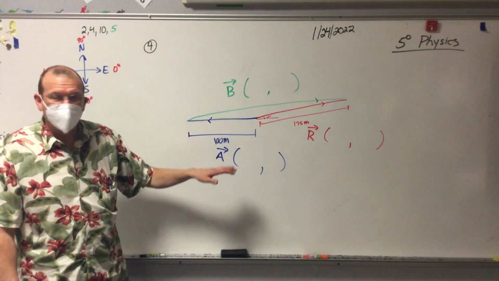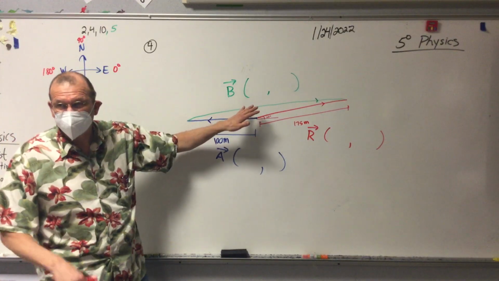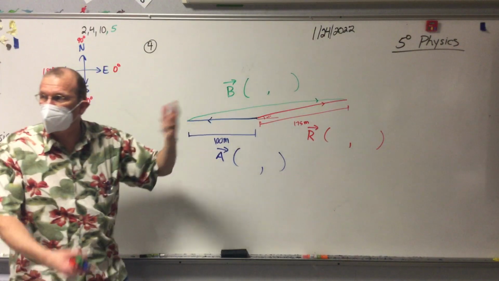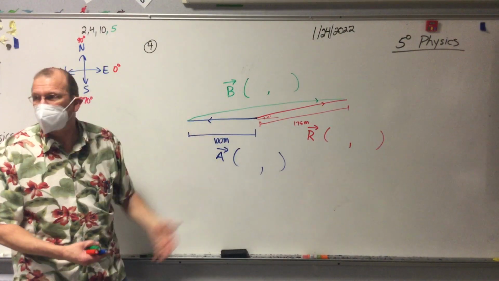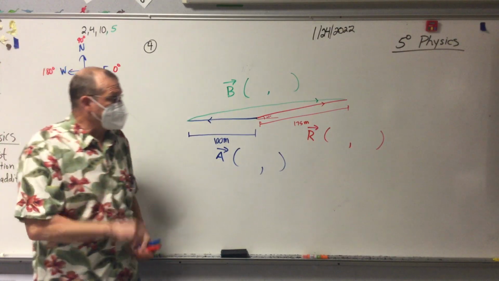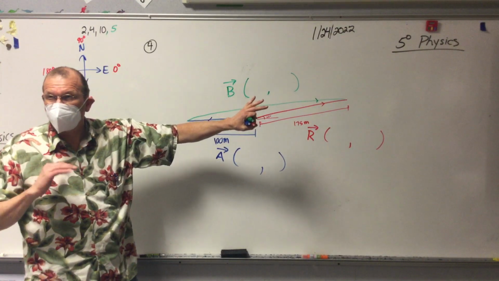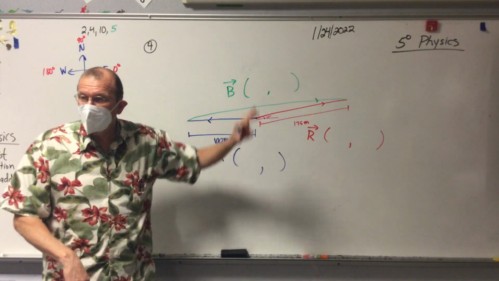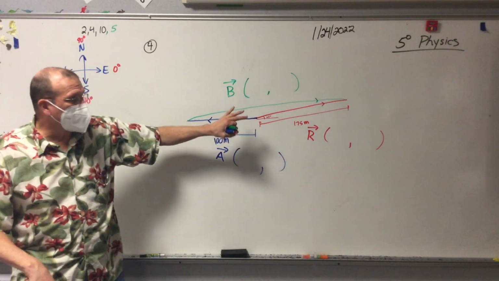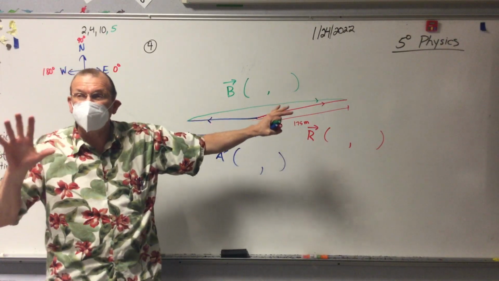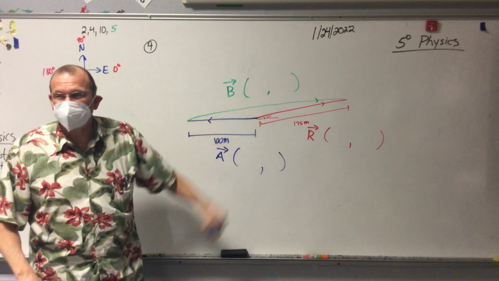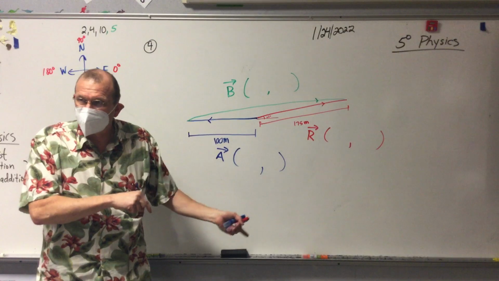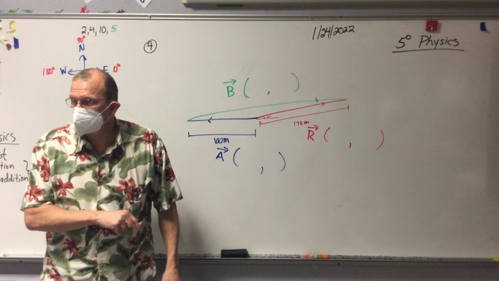In this one, we only have 2 constituent vectors. They're giving us one of those and the resultant, and we have to figure out what got added to it. Now, I'm going to write some stuff up here. As somebody who favors being very rigorous about their work, I favor my way. There are people, I call them my thinkers or my mentalist people, who just do it in their head. You need to remember that I need to see the work on the paper if you want full credit.